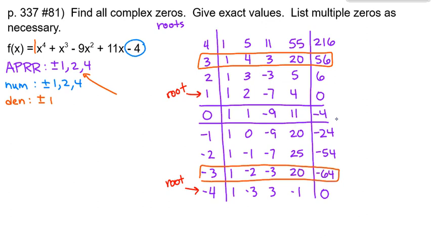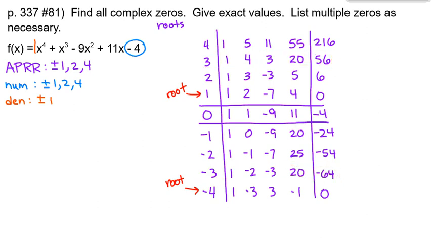Now we have a root at 1 and a root at -4. So we have 2 of our roots and 2 more to go. At this point what I call whittling down the problem to a quadratic. I'm going to take either my root 1 and divide it into the -4 row, or take my root -4 and divide it into my 1 row.